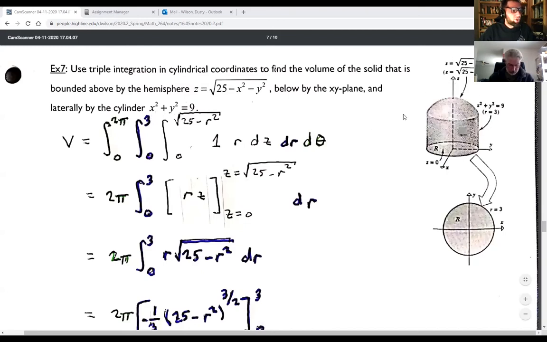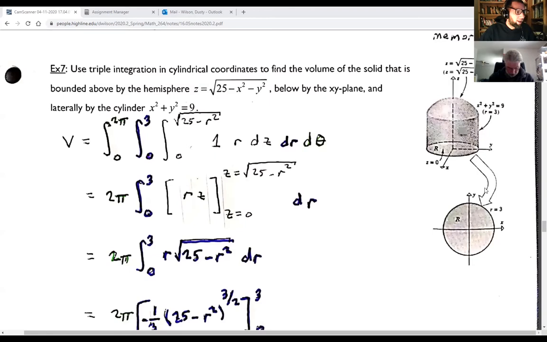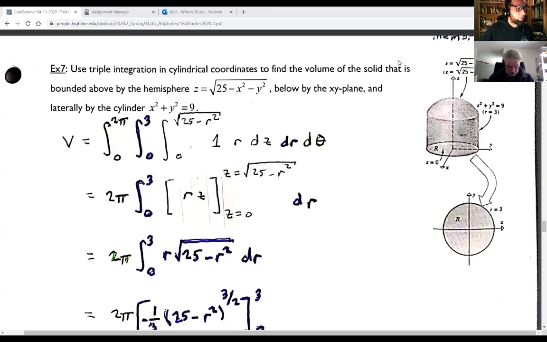The can around the outside would be x squared plus y squared equals 9, and that can has a bottom profile that looks like this circle. So let's do the math to set up and evaluate this particular integral.